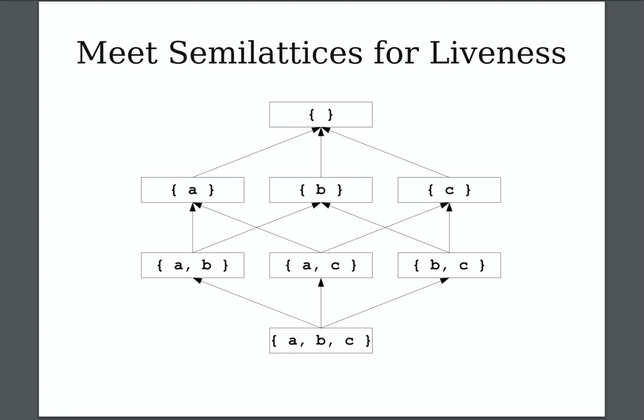So the lattice, it's kind of like a very complicated number line, shows us where the greatest common lower bound for these two values is, and it's given by A and B together. So for liveness analysis, the union is the meet operator. So the union says, given two values A and B, if we union them, that will give us the greatest common lower bound for those two values.